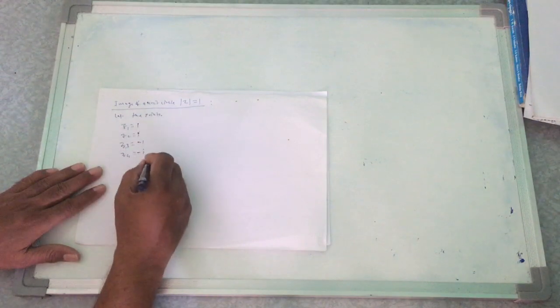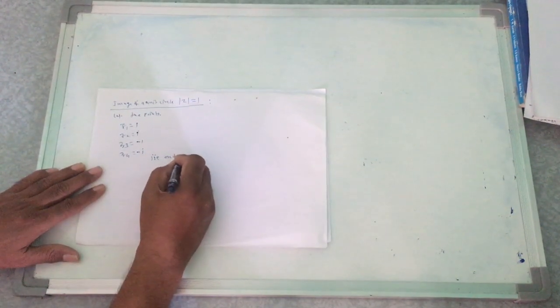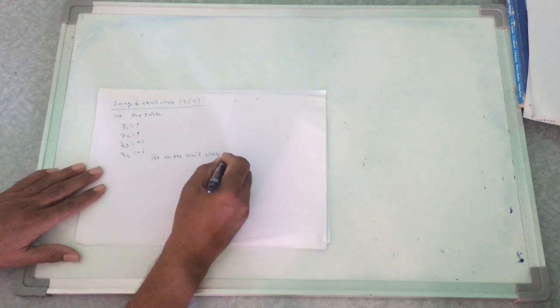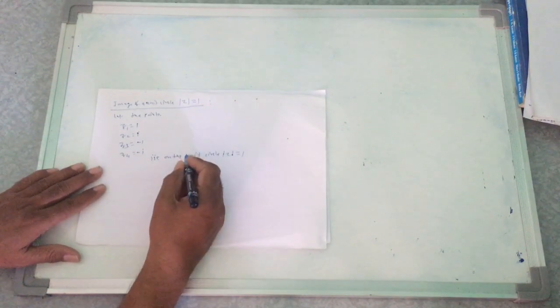So all these lie on the unit circle, |z| = 1.